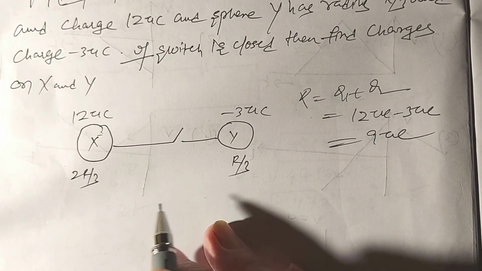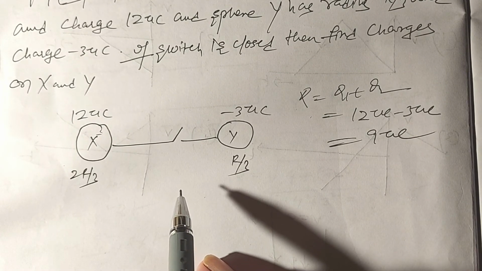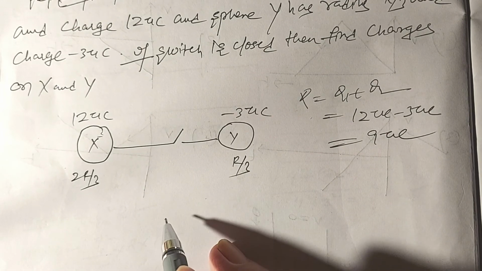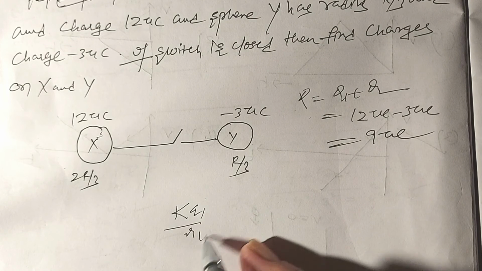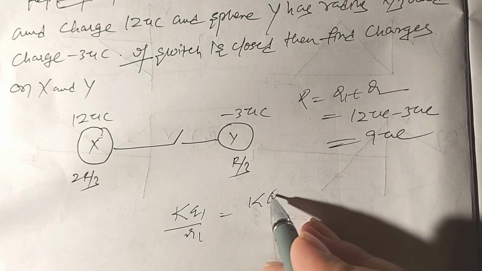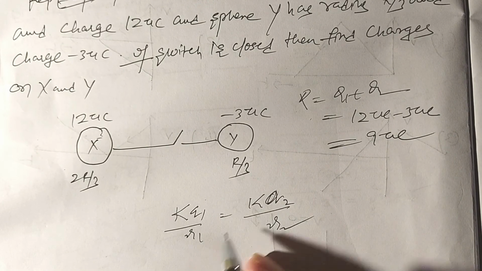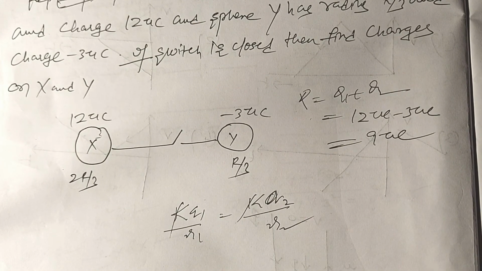So KQ1 by R1 is equal to KQ2 by R2. K cancels.